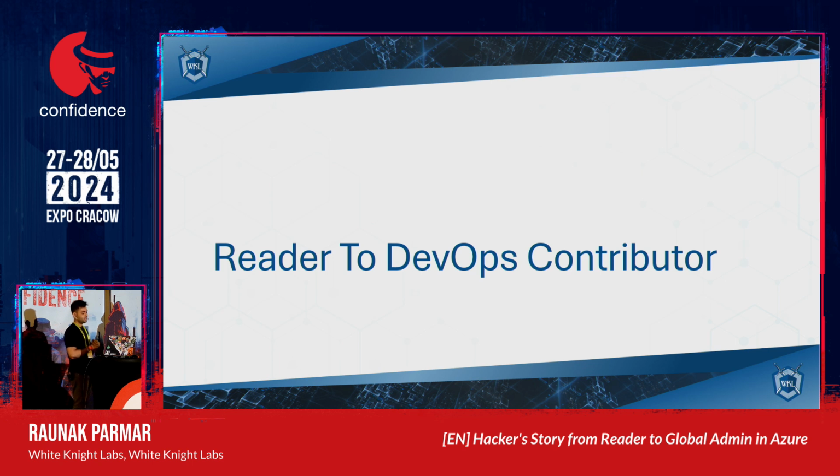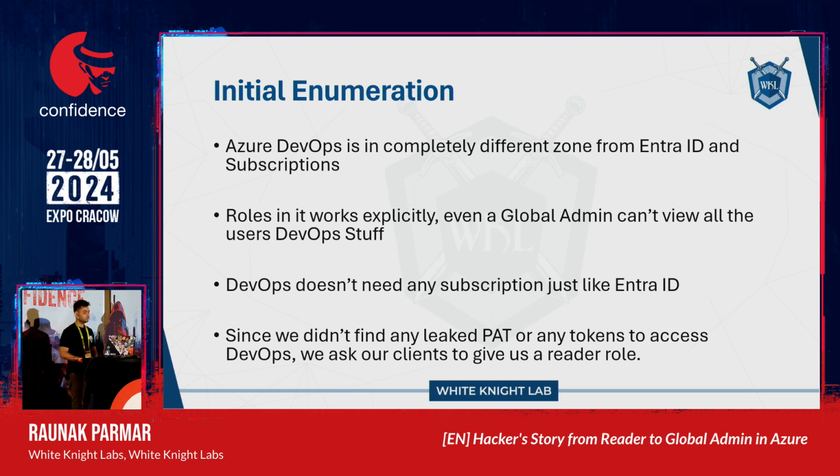Okay, next we have a reader to DevOps contributor attack path. DevOps works completely differently from Entra ID. It doesn't come within Entra ID like AD or the subscriptions. It works completely differently, and you don't even need a subscription to have your own DevOps. Any user can create their own DevOps organization or projects.